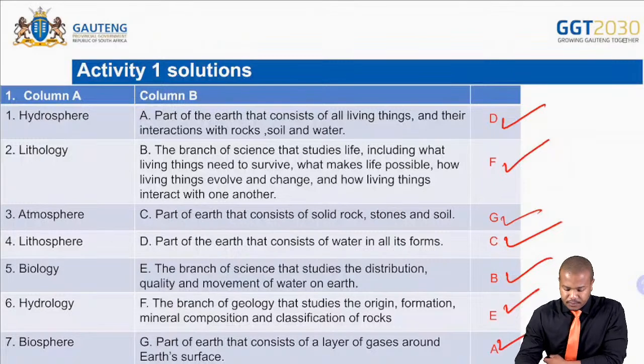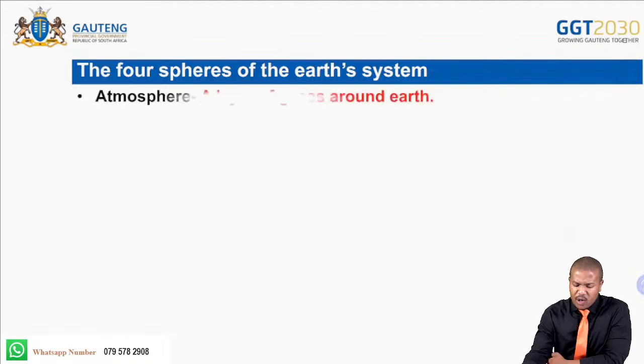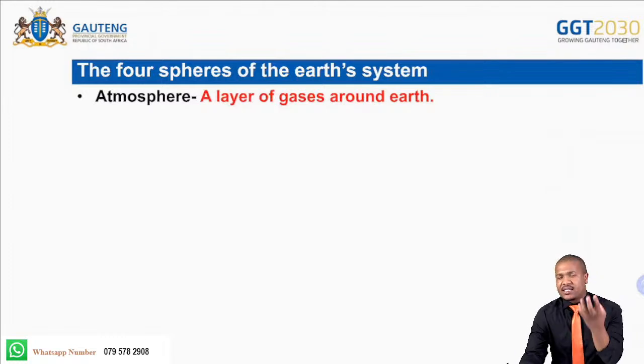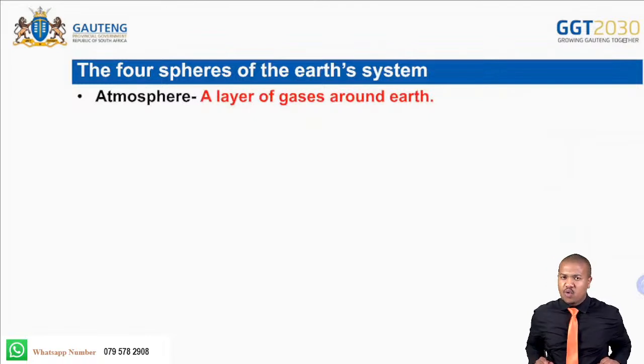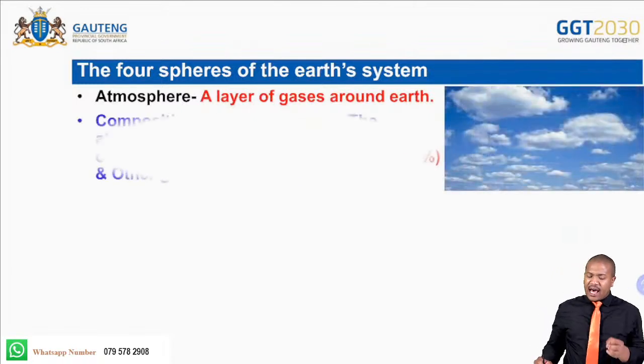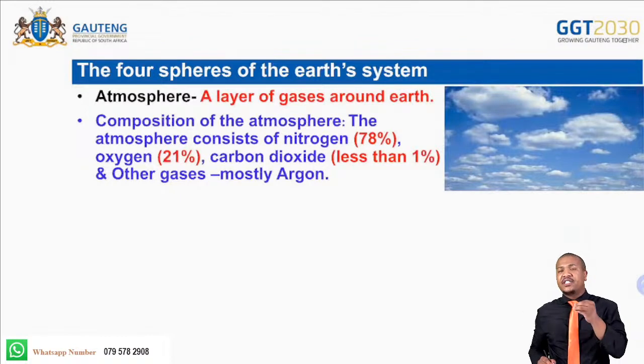So now let's discuss these 4 spheres one by one. We're going to start off with the atmosphere, which is the layer of gases around the Earth. It has to do with all the air that we get around the Earth. The atmosphere is composed of different gases.